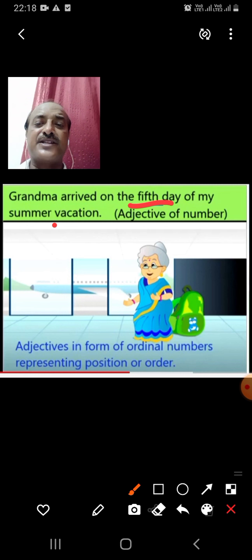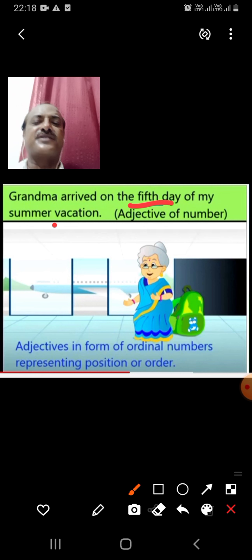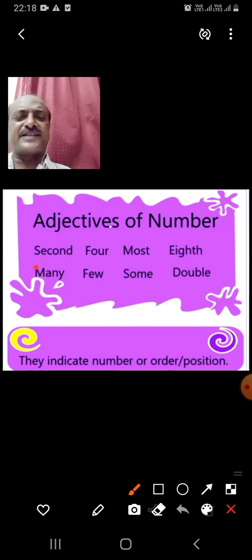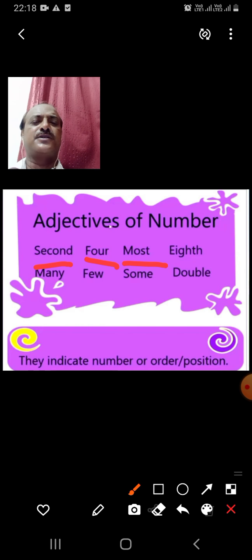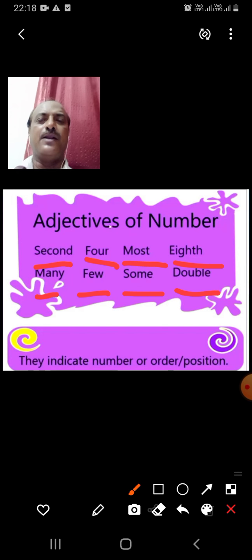There were 30 students present in the class. How many? 30. So, they answer the question how many and it gives us the exact number. First, second, third, or there were 5 students, 20 balls, 30 marbles, 40 bananas. So, these all are adjectives of number, like second, 4, most, 8th, many, few, some, double, single, double, triple.